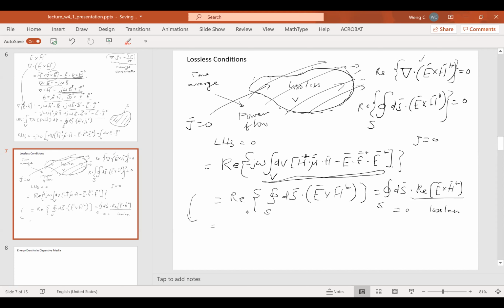If that quantity is real, it becomes a pure imaginary number, and then if you take the real part, you will get zero.